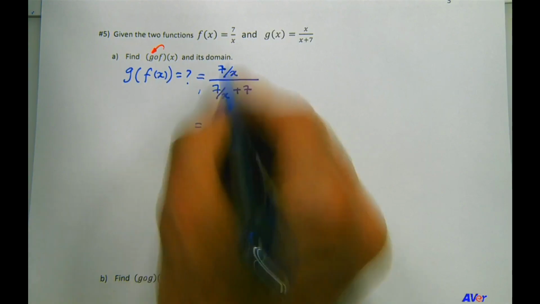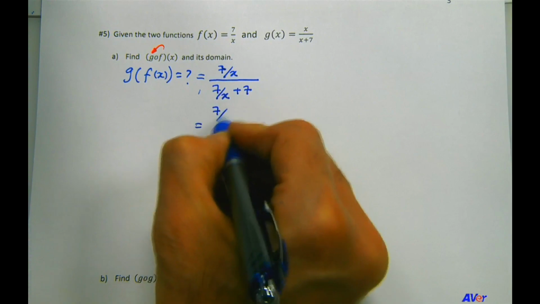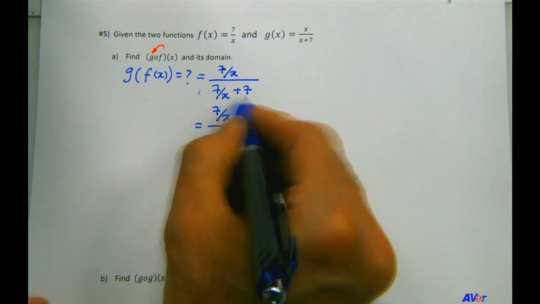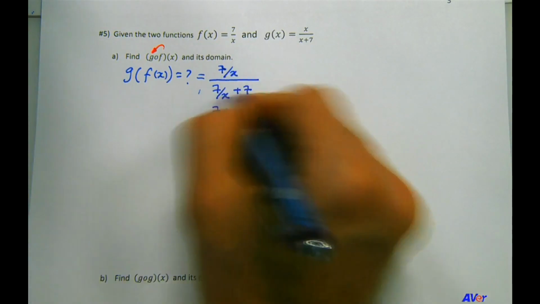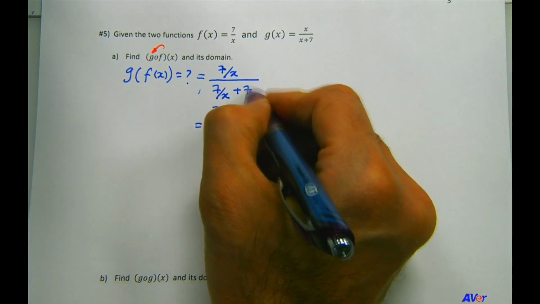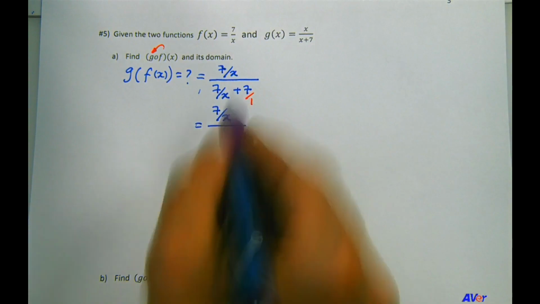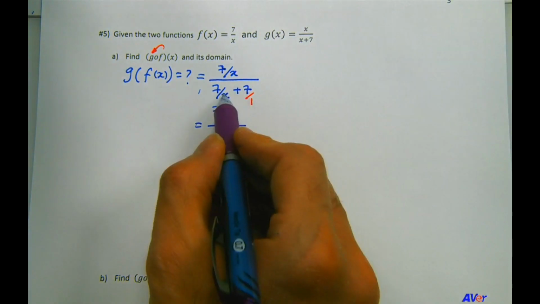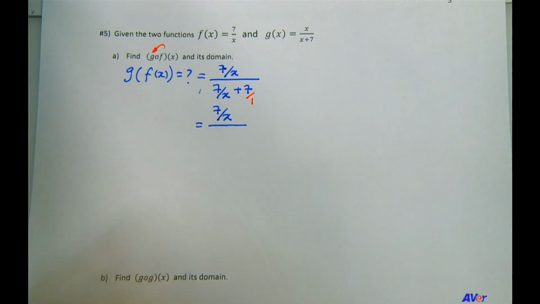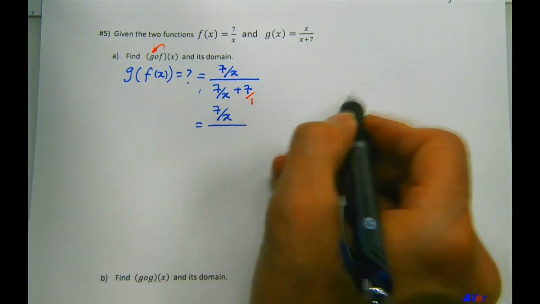So I'm going to keep that the same, 7 over x. Now the common denominator here, the denominator of 7, what is it? It's 1, right? So the common denominator between these two would be x. So let me do that calculation here on the side.